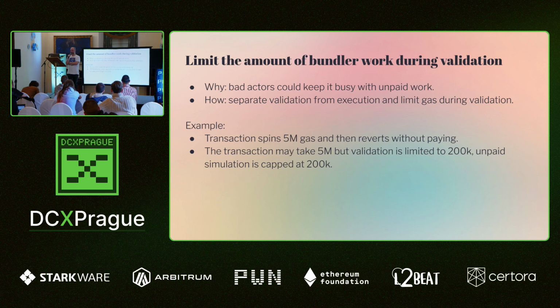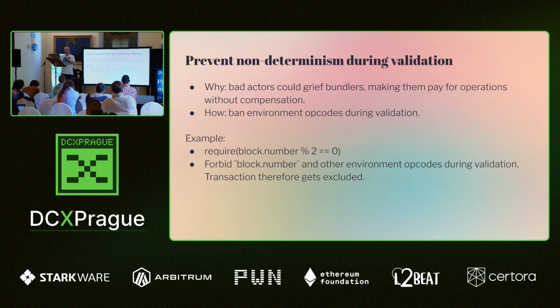You can say that it has a validation gas of only 200K, which means that the amount of CPU you have to spend simulating the transaction to decide whether you should include it is very limited. So the CPU impact per transaction is much lower this way.